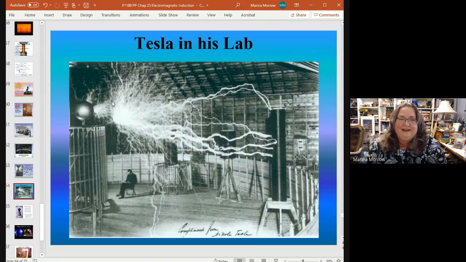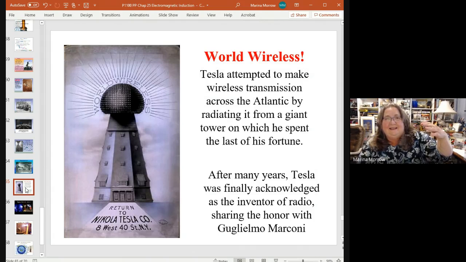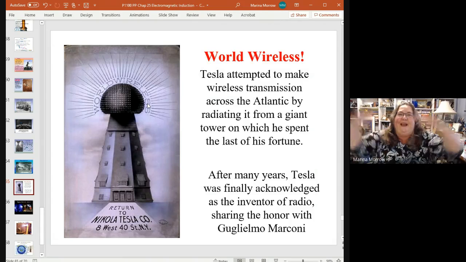And here you can see the arc all the way across his lab. So anyway, Tesla did try to produce free power for people, basically. Remember, he was interested in that, like the phone charger, that wireless charging. And the idea is your lights would just work without being plugged into anything. And so he built this giant tower to spread energy out to people.